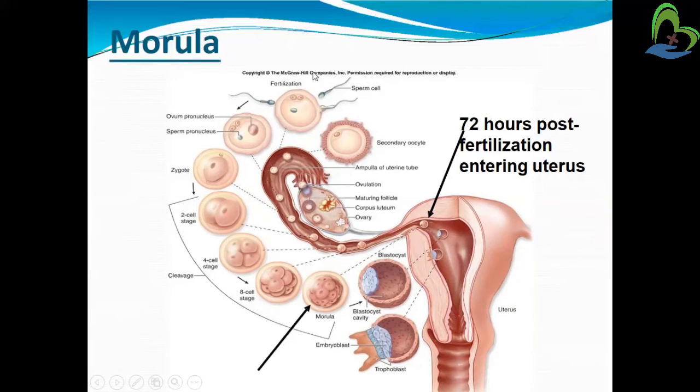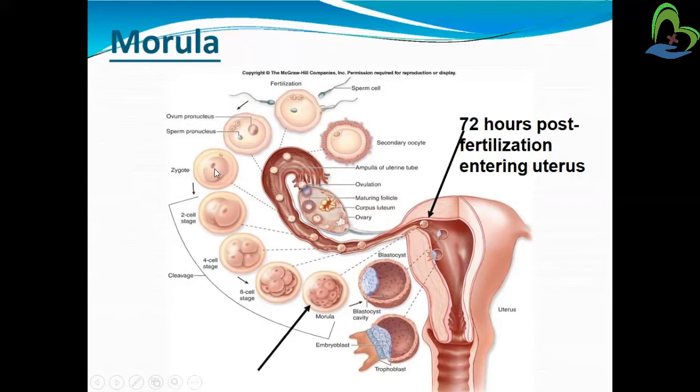The process of fertilization is shown here. This is the ovum, and this is the sperm, one entering the wall. The fusion of sperm and ovum occurs here, then blastomeres and zygote form. The sperm and ovum fused here and the zygote is ready.